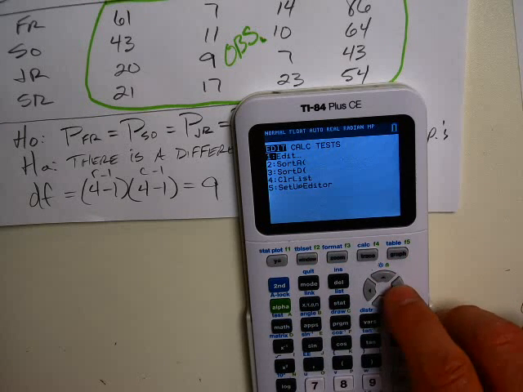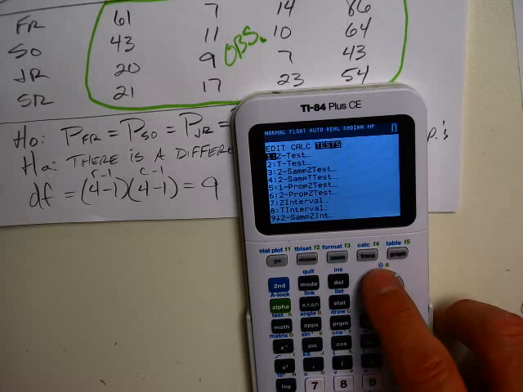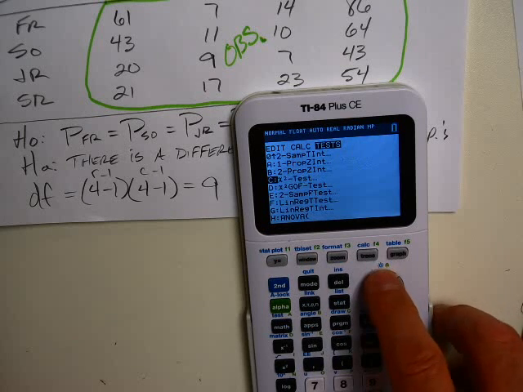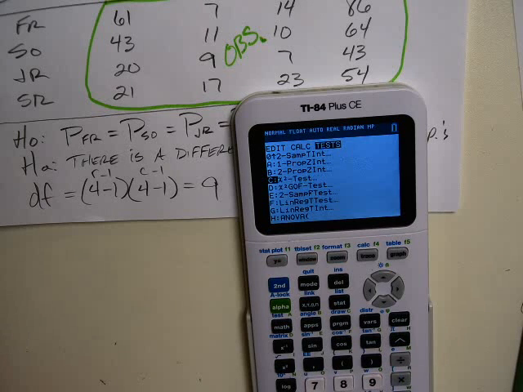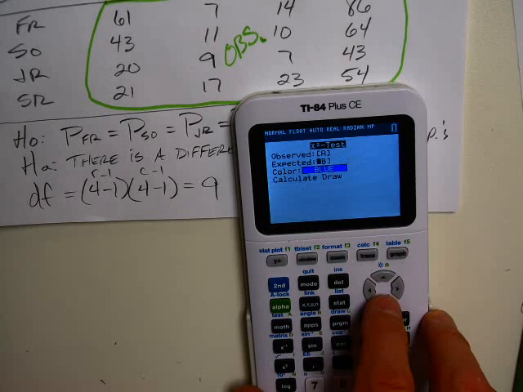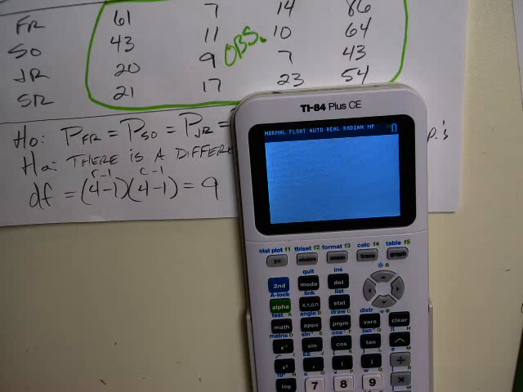Chi-squared is one of our tests, and it's down towards the bottom, so I'm going to go up. It's just the chi-squared test. And it asks you, where is your observed? It'll probably say A. It's probably already saying that. And the expected is basically saying, where do you want me to store the expected? B is just fine. And we'll calculate.